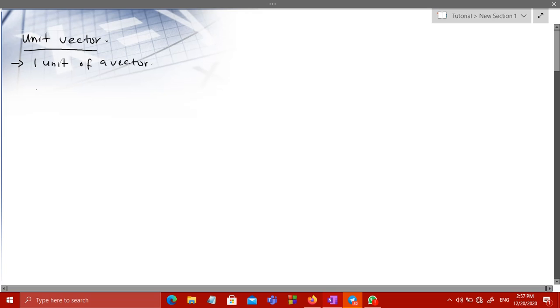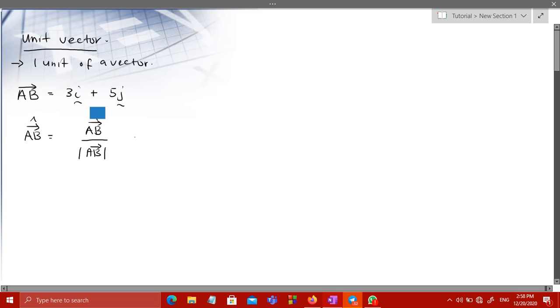So if a vector AB is equivalent to 3i plus 5j, then the unit vector is given by vector AB head or roof, which indicates the unit vector, is equivalent to vector AB divided by its magnitude, like that.